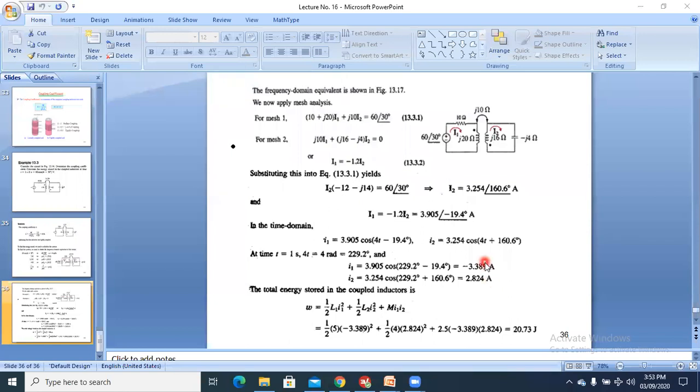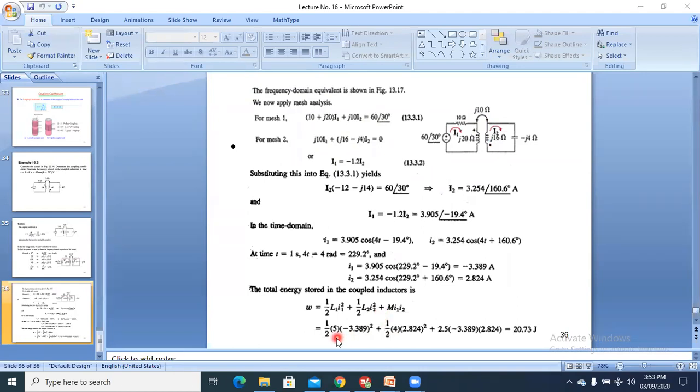Now with these two values of I1 and I2, and L1, L2 and M known, we will find the value of the energy. Why is this value positive? Because of the dot enter dot positive rule, this value is positive.